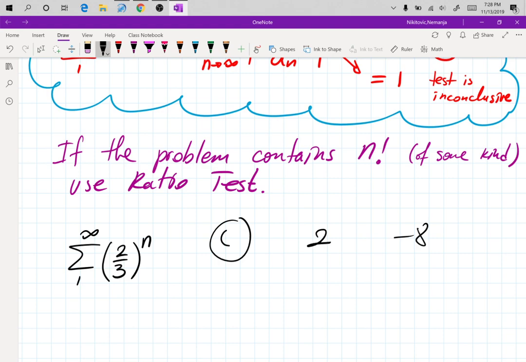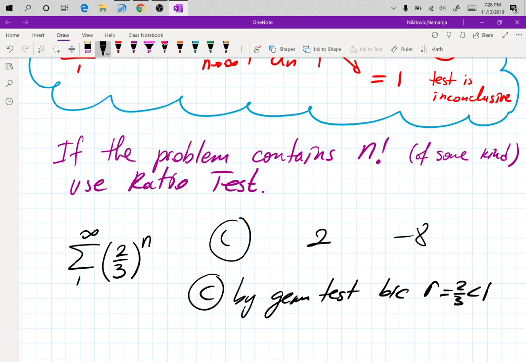If you say converges by geometric test because r equals 2/3, less than 1, that's 10 points, -0. Both of these answered converges. What if you just say by geometric test? Like converges by geometric. Then that's -4.